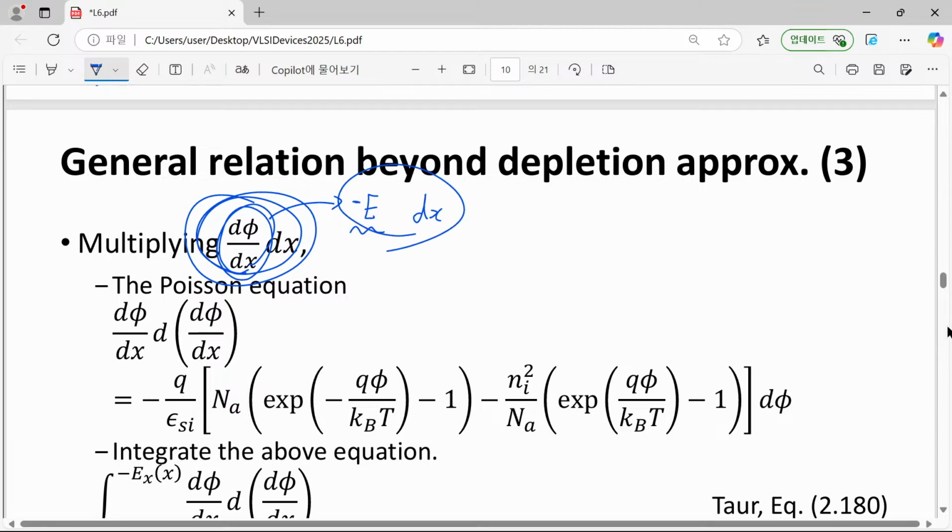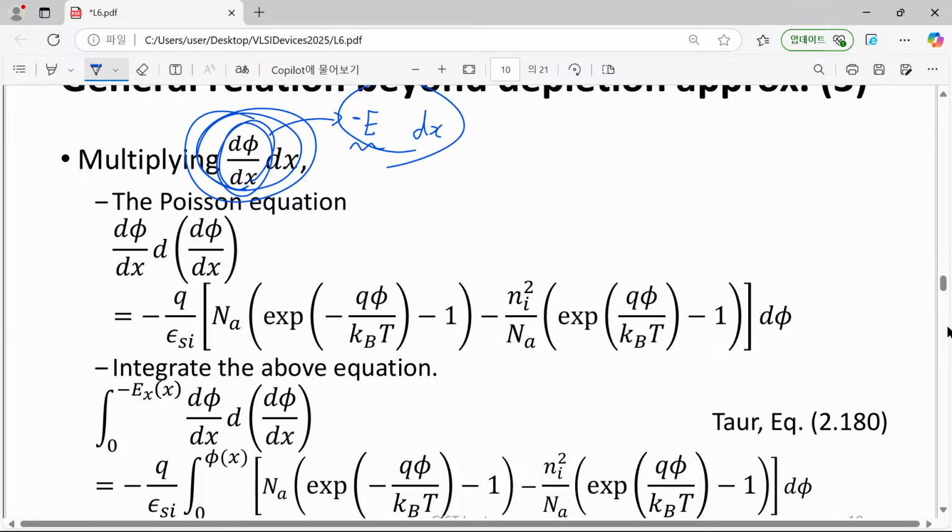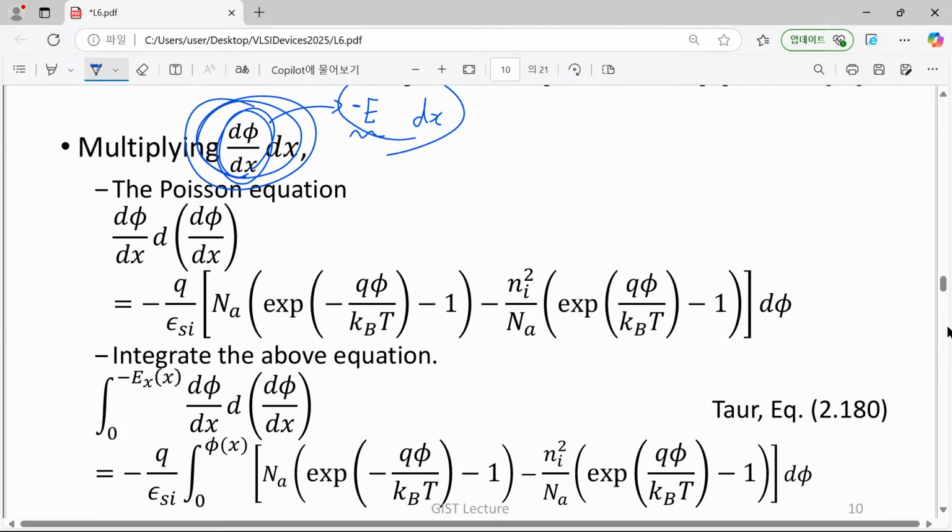So we just multiply the electric field to the left hand side and right hand side of our Poisson equation. Previously you had 1 equal to 1. Now you multiply 3 to the left hand side and right side. So now you have 3 equal to 3.